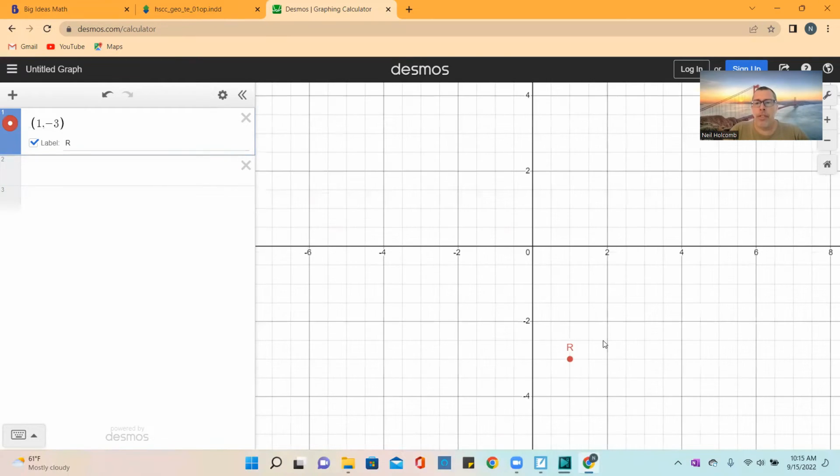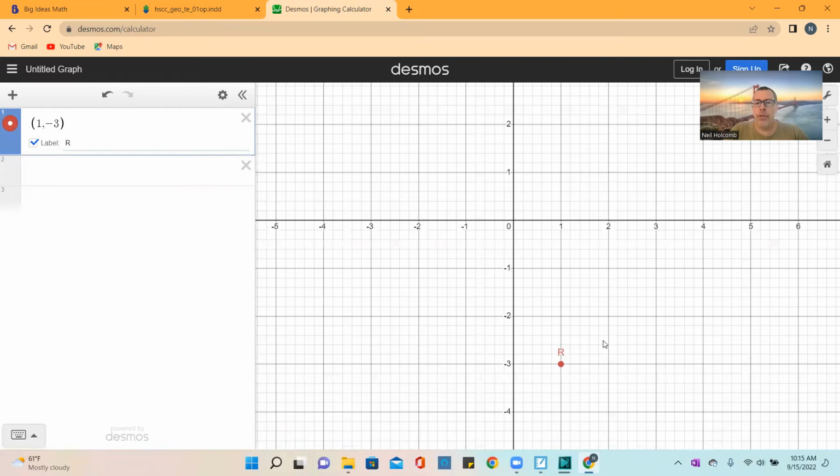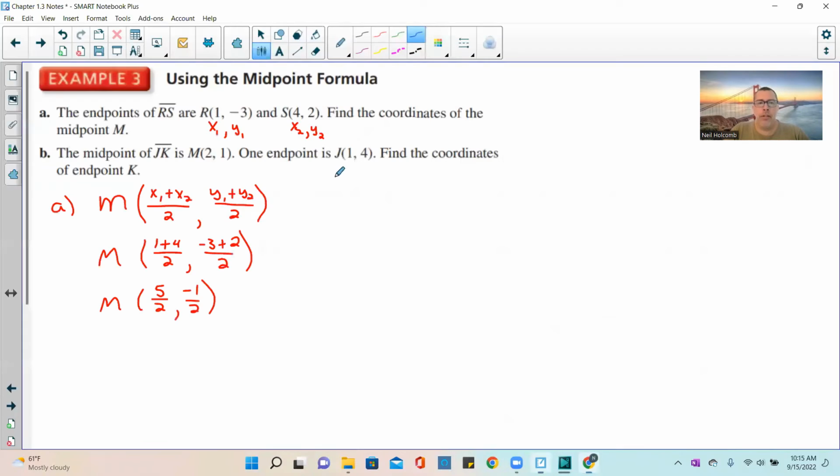Let me zoom in so we can get the ones. There we go. 1, -3 is R. Okay, and S is 4, comma, 2.